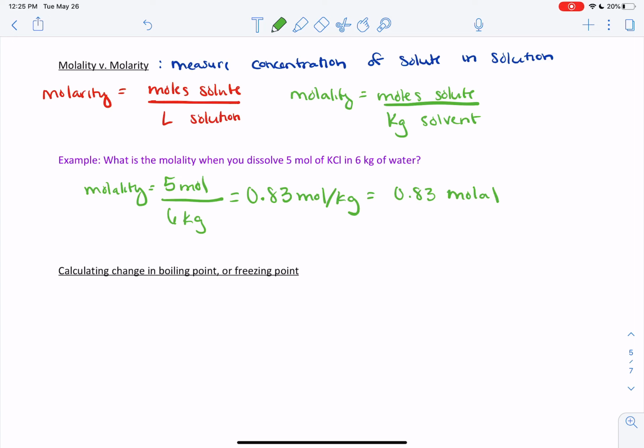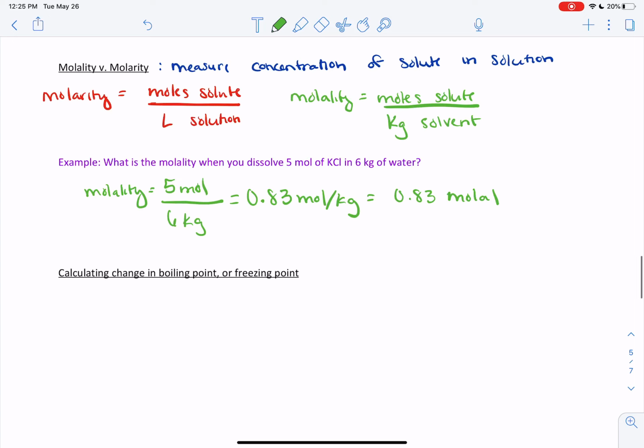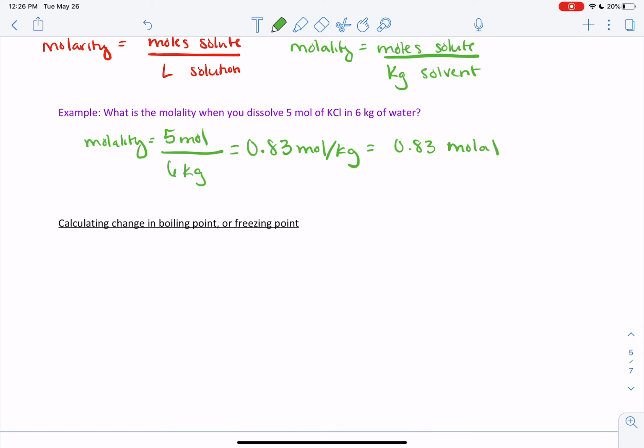Okay, so we can actually calculate how much your melting point, your boiling point, or freezing point changes when you add a solute. So the equation we can use for this is change in temperature, F, so change in freezing point, equals i times Kf times molality.